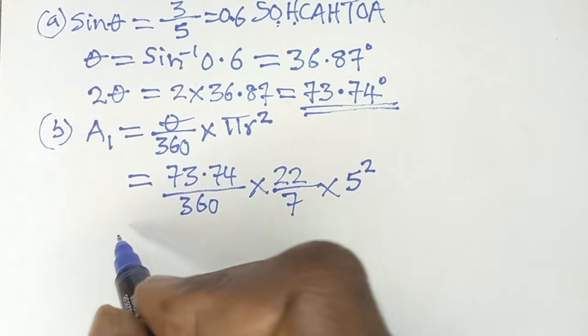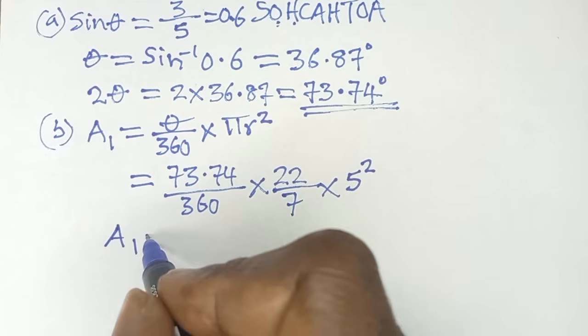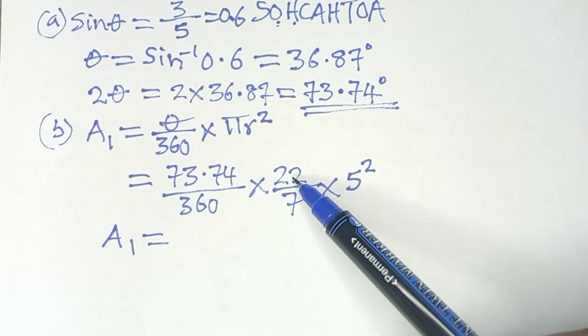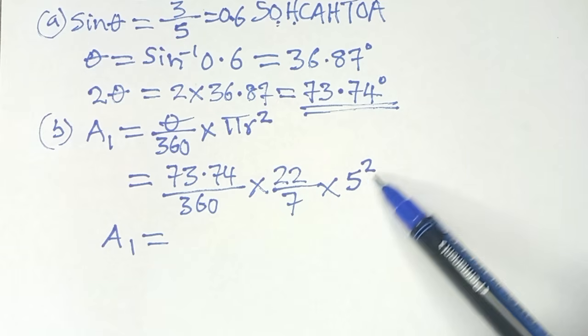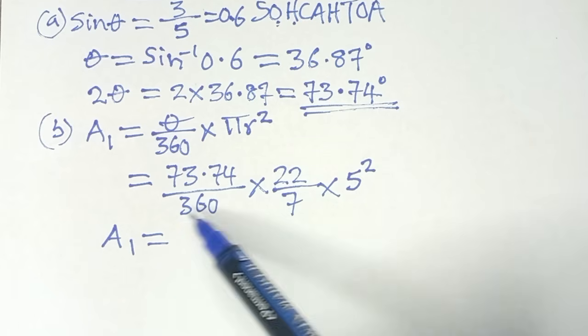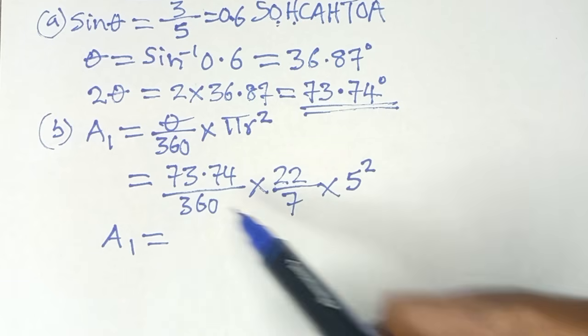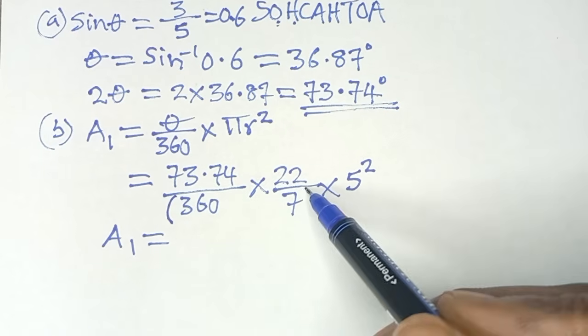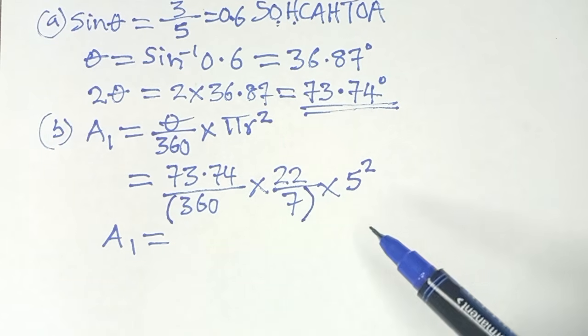So A1 will be equal to, now what we do is we multiply this value by 22, and then after that we multiply it by 5 squared. 5 squared is 25. After multiplying the numerator, then you divide by the denominator. An easy way to avoid mistakes is to put the denominator in brackets using your calculator.